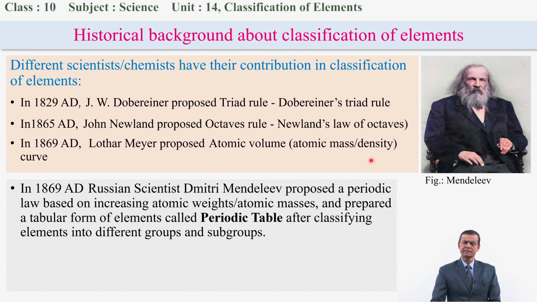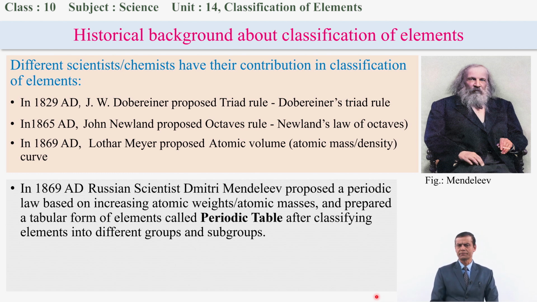In 1869 AD, the Russian scientist Dmitry Mendeleev proposed a periodic law based on increasing atomic weight, that is atomic masses, and prepared a tabular form of the elements. What is that called?